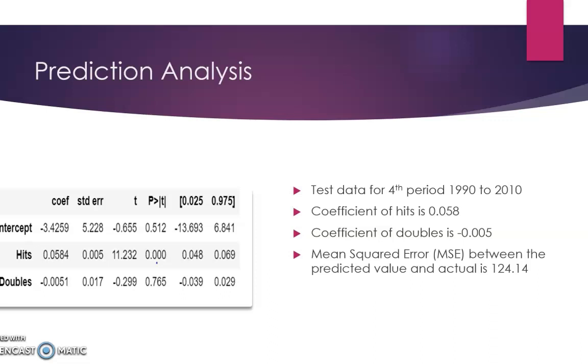This means that other variables within the dataset explain the residual 75.5% in games won. We further went on to predict games won in 2012 and 2015 for Toronto Blue Jays and New York Yankees.